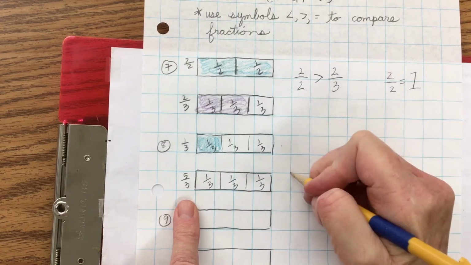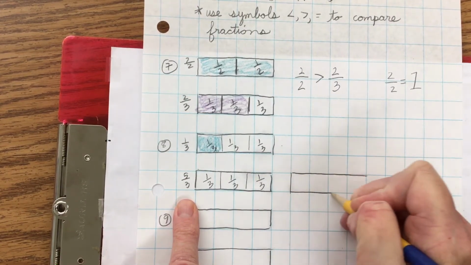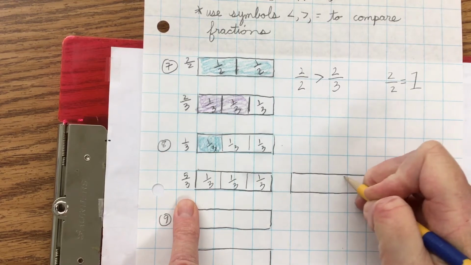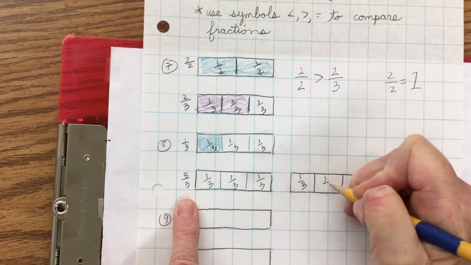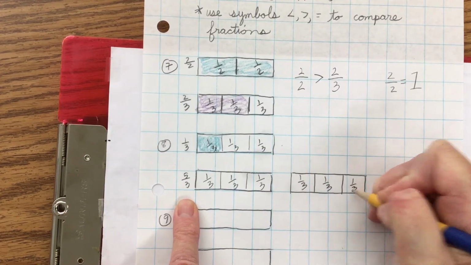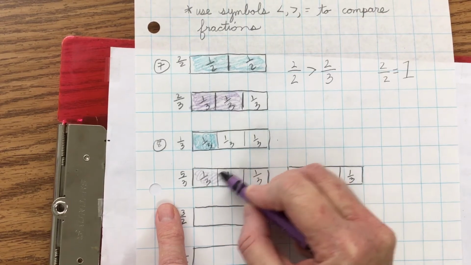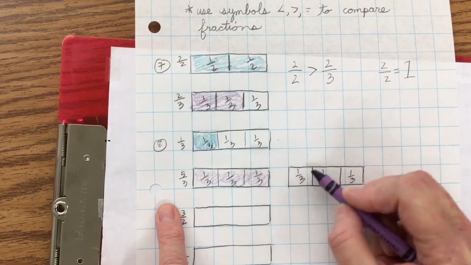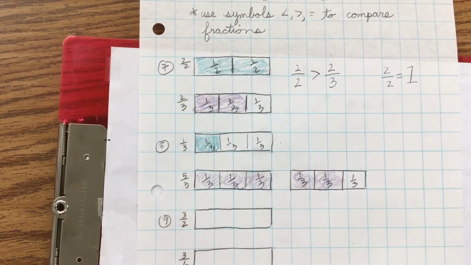So they had to make another whole bar over here and divide it into thirds again. And this really lets them see what they're doing, because this wants them to shade 5 of those thirds in. And hopefully their shading is a lot neater when you see their paper.